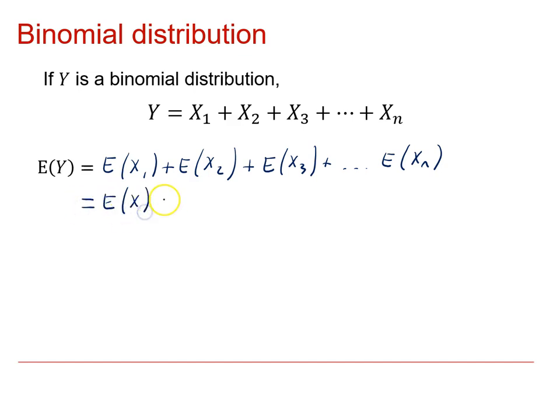So that's the expected value of x plus the expected value of x plus the expected value of x. That's going to happen n times, so we're going to have n times the expected value of x. We've already established that the expected value of x is p, so that is np, which confirms our simulation's findings.